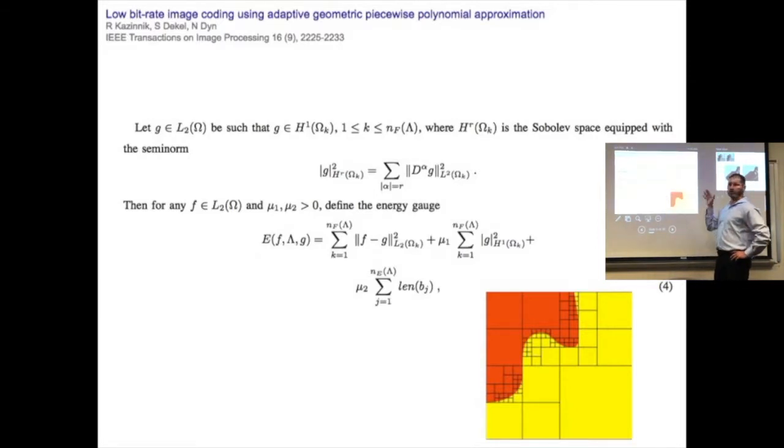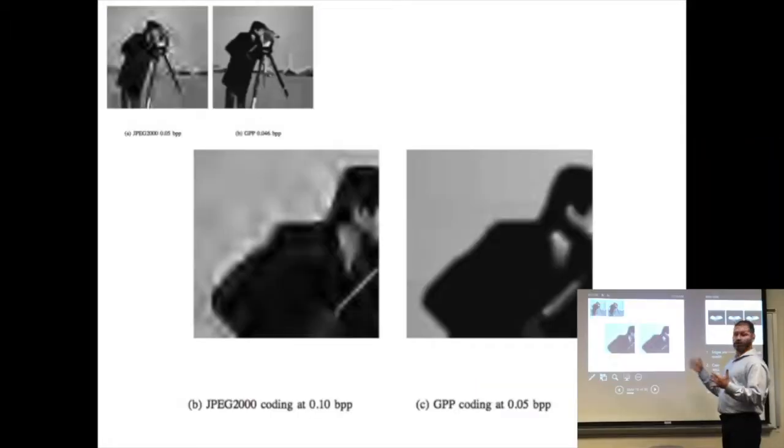Without going into the details, we can see that this new form allows us to construct a much more accurate approximant for the function. And these are the real results that we obtain with our approximation scheme versus JPEG compression. JPEG 2000 is based on wavelet approximation.